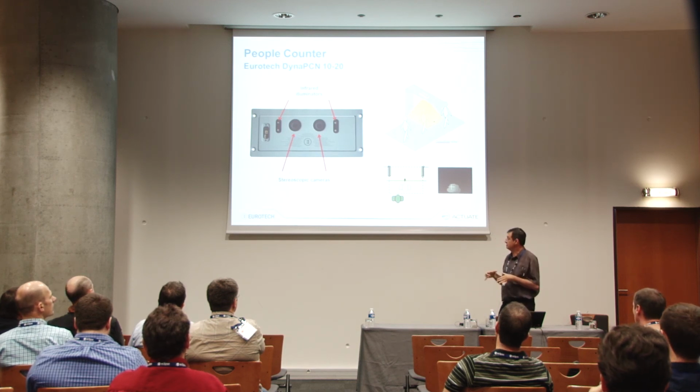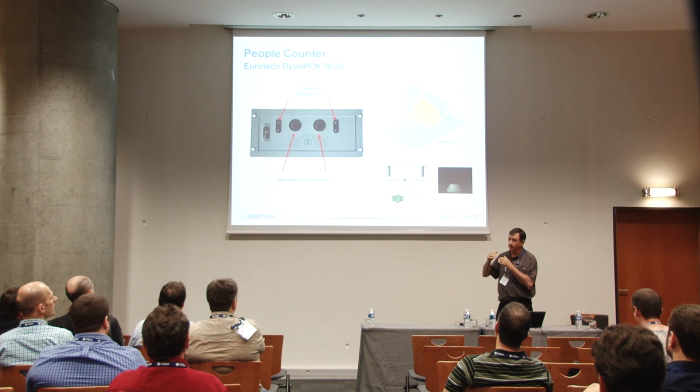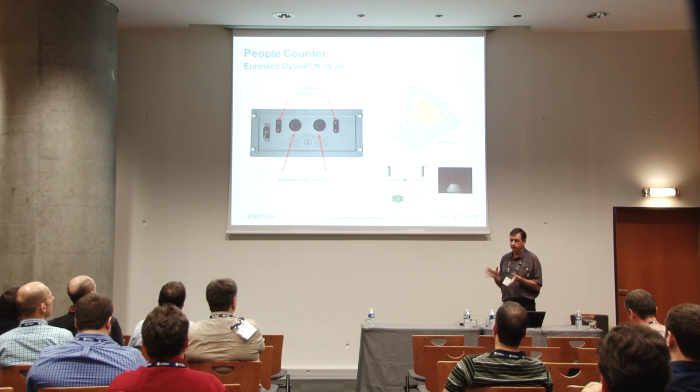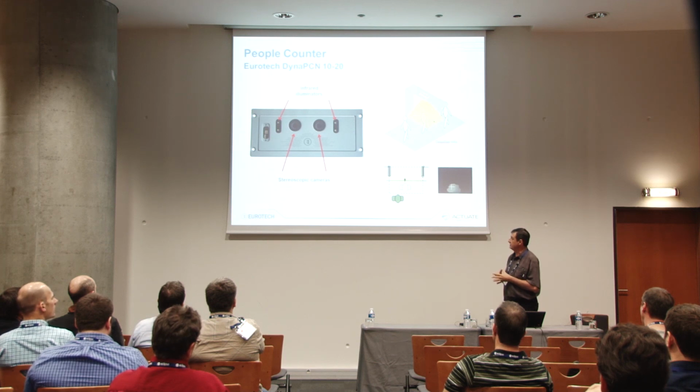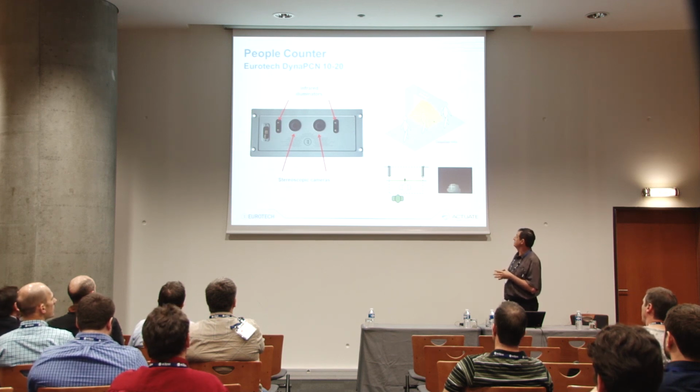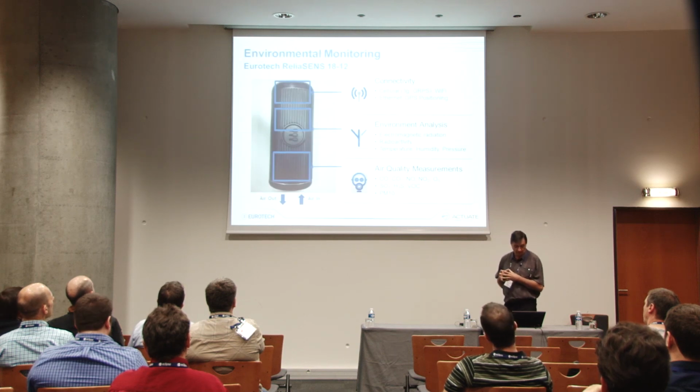It discriminates persons, and it is able to count many people going through the door at the same time. It's quite accurate. We say it's 97% accurate for what we can know now. And there are many systems in the world using this now. So this is a sensor for people.